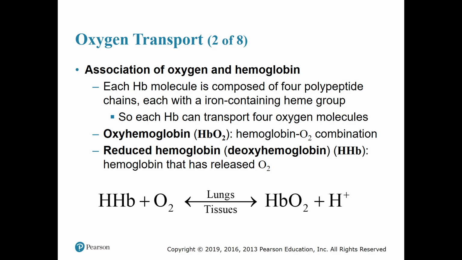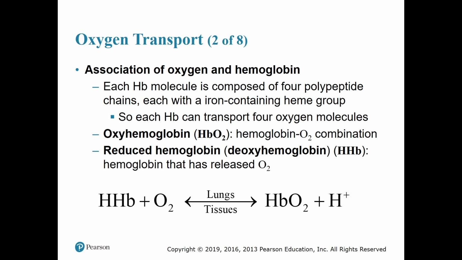So, association of oxygen and hemoglobin. We said that each hemoglobin molecule is made up of 4 polypeptide chains, each with this iron-containing heme group. So each hemoglobin can transport 4 oxygen molecules. Oxyhemoglobin, abbreviated HbO2, is the combination of hemoglobin and oxygen.